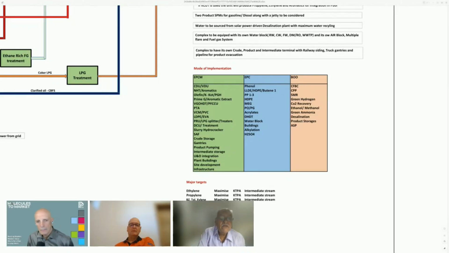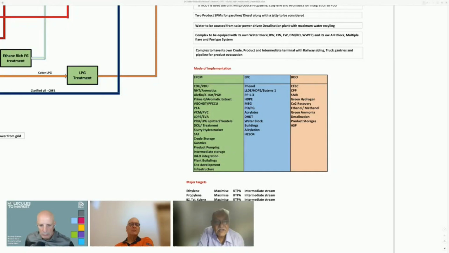We found that the EPC costs, for example, if I take the same unit and implement it on EPCM versus EPC, the difference can be substantial. Can you guess a number? For a unit which is, let's say, costing X for EPCM mode of implementation, what could be the range for the same unit being implemented on the EPC route?